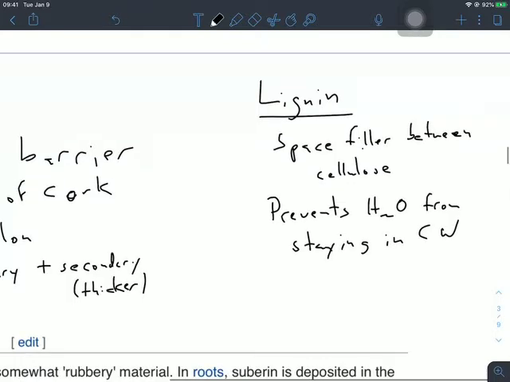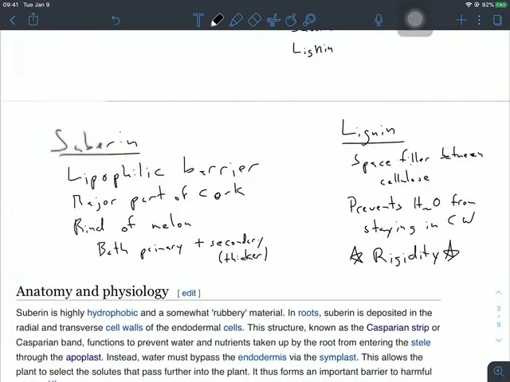Additionally, lignin has one more role of rigidity. Lignin is incredibly important in helping plants stand upright. It's a major component in woody cell walls.